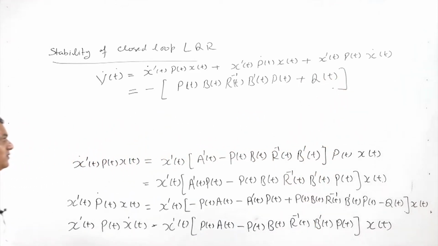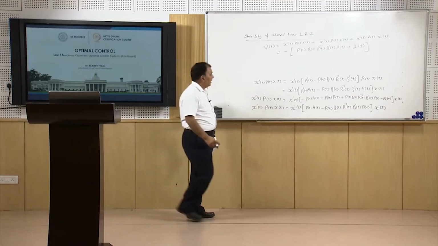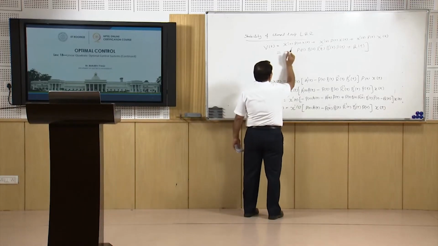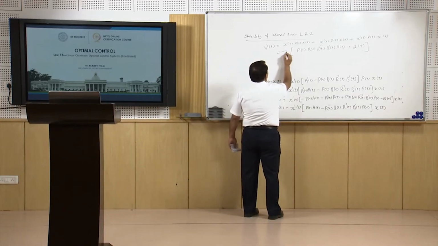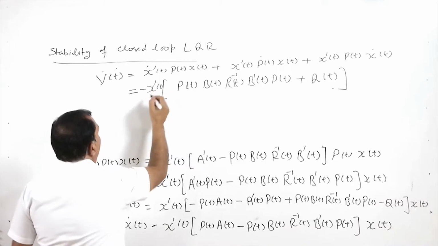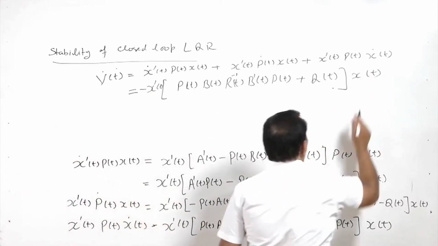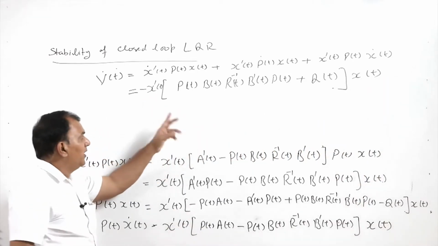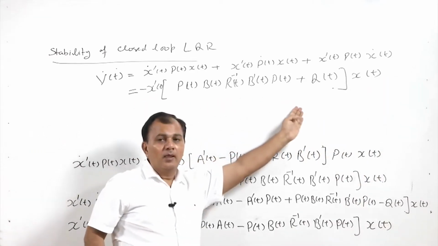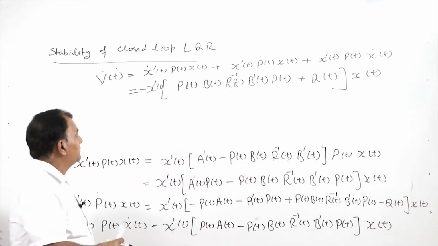So, my V dot is this, and naturally I will have minus x transpose and x t. So, in between x transpose and x t I will have this matrix.